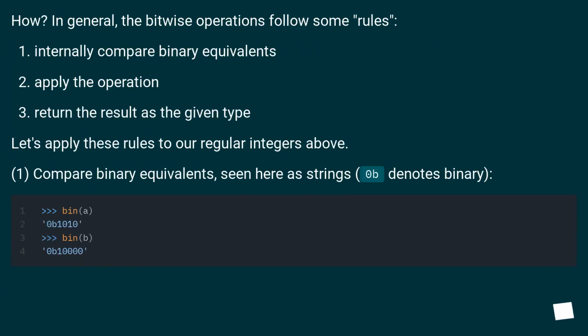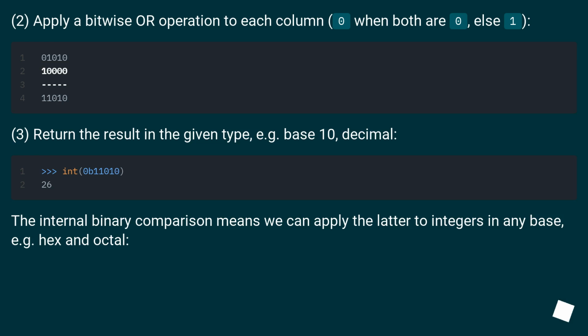How? In general, the bitwise operations follow some rules: internally compare binary equivalents, apply the operation, return the result as the given type. Let's apply these rules to our regular integers above. 1. Compare binary equivalents, seen here as strings; 0b denotes binary. 2.